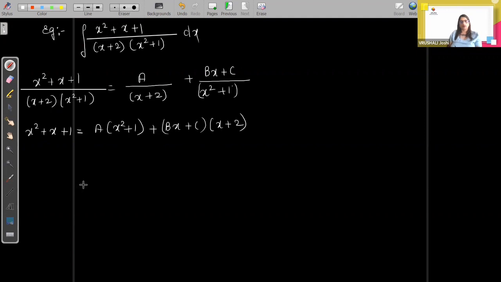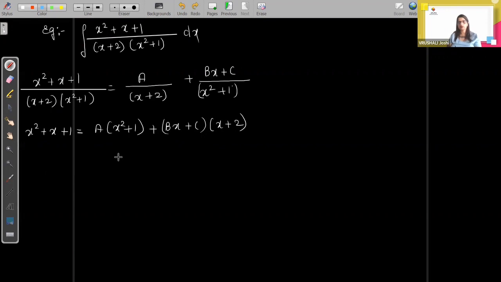Correct? Now to find out the value of A, B and C, first of all we will take x equal to -2 ले लेते हैं पहले, करेक्ट? क्योंकि x इक्वल टू -2 में ये पूरा का पूरा निकल जाएगा, करेक्ट?